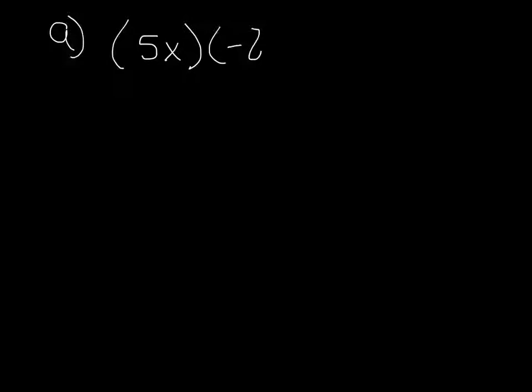Okay, let's try another one. We're going to bring negative numbers in this time. 5x times negative 8x. Let's combine what we can. We have the constants of 5 and negative 8. And what is a positive 5 times a negative 8?